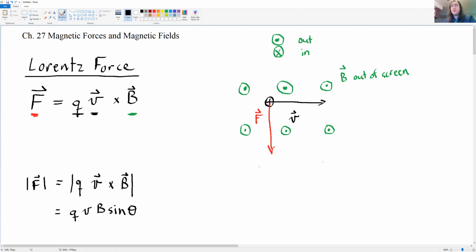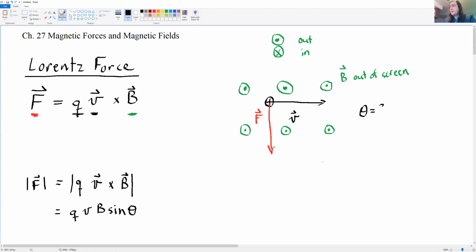If the magnetic field is coming out of the screen towards me, and the velocity is to the right on the screen, then the angle between those two vectors is 90 degrees in this case here.